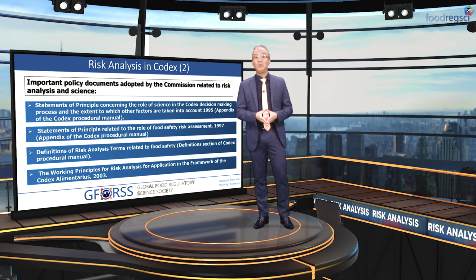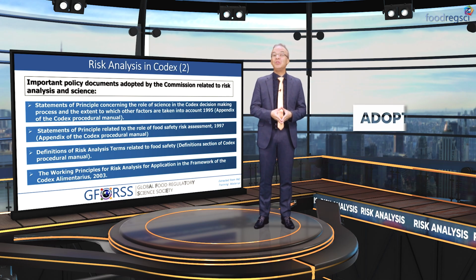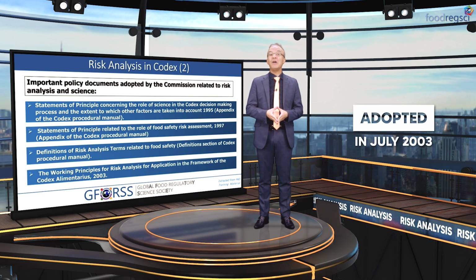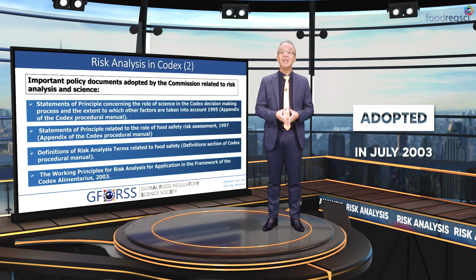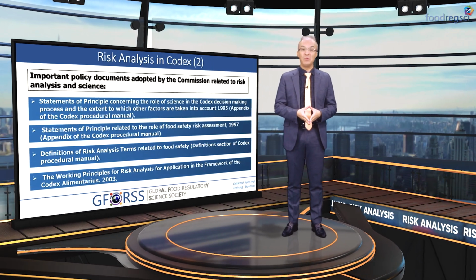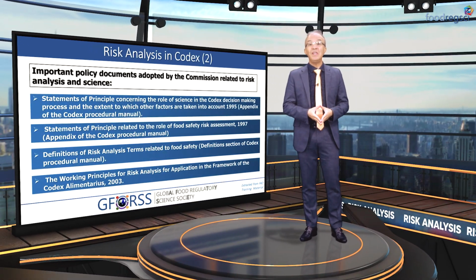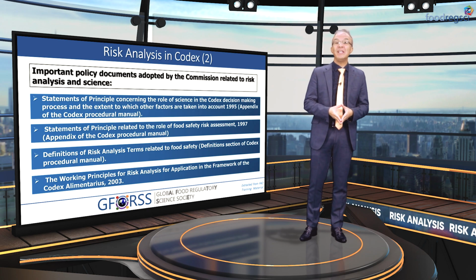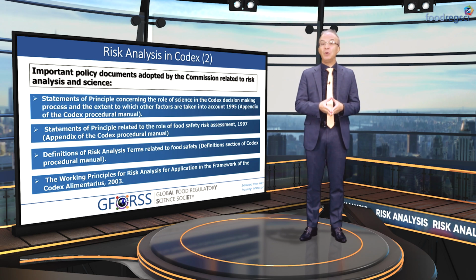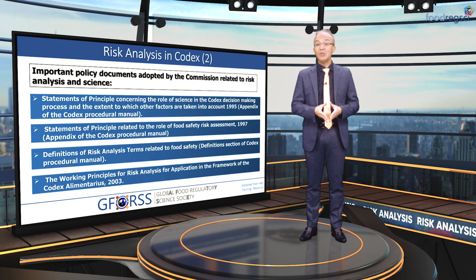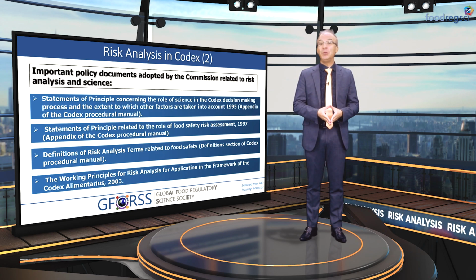The principles for the application by Codex committees were adopted in July of 2003 and are incorporated into the Codex Procedural Manual. Discussions on the proposed working principles for risk analysis for food safety for application by governments were also completed by CCGP and were made available for use by food competent authorities.